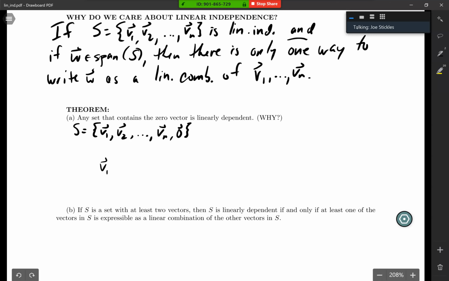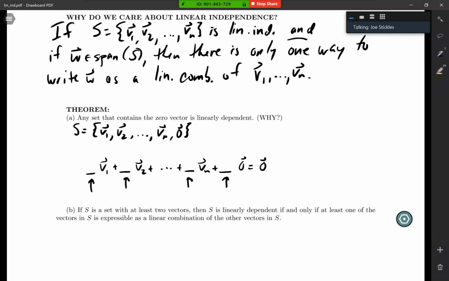So a V1, I'm going to fill in the blanks for constants here. A V2, a Vn, and then with the 0 vector and 0. Can you give me values for these constants? Can you fill in the blanks so that I don't have all zeros here, but I do get the 0 vector on the right-hand side?